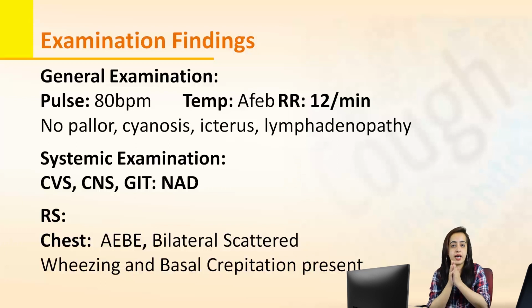Now, I hope you have noted down the symptoms of cough. And now, if we correlate the symptoms of cough, breathlessness, tightness in the chest with this examination finding, which is scattered wheezing and basal crepitation, we can now at least categorize this cough as falling into the category of a reactive airway disease.